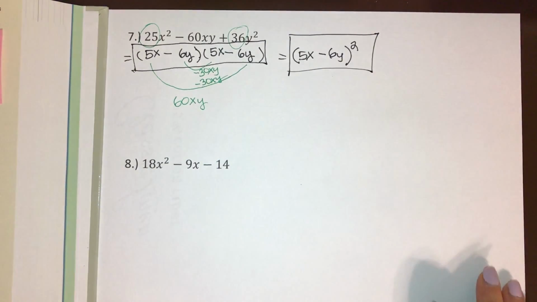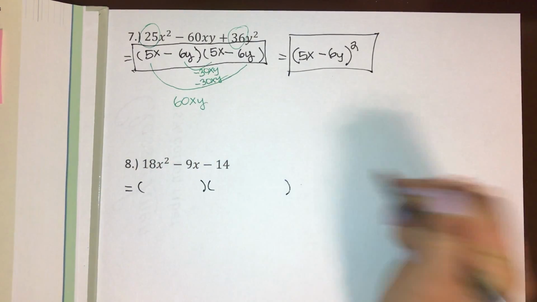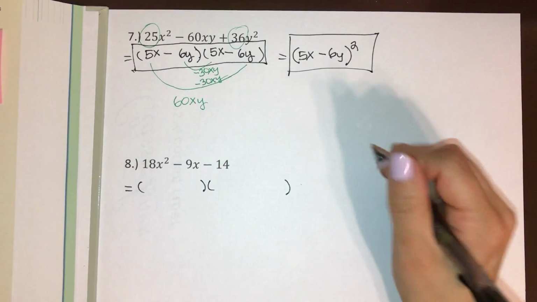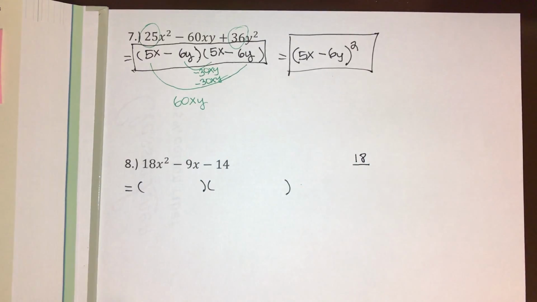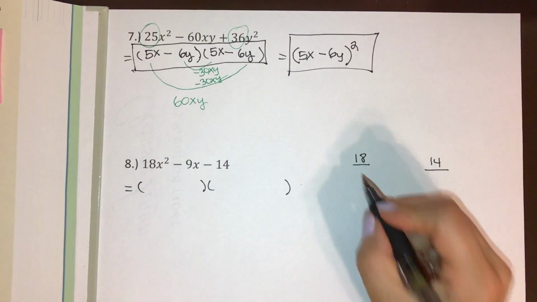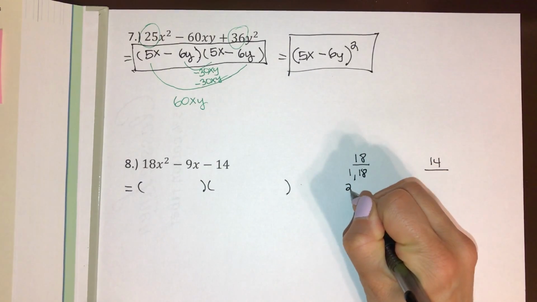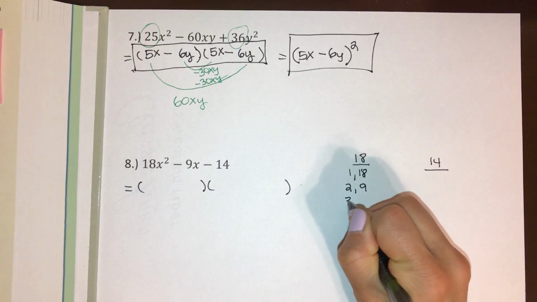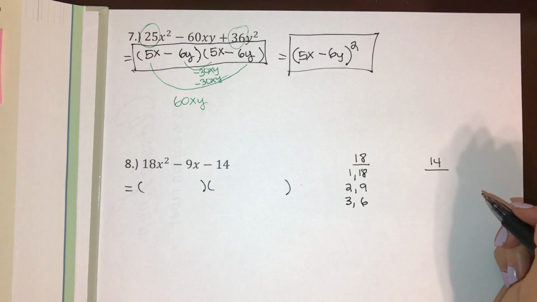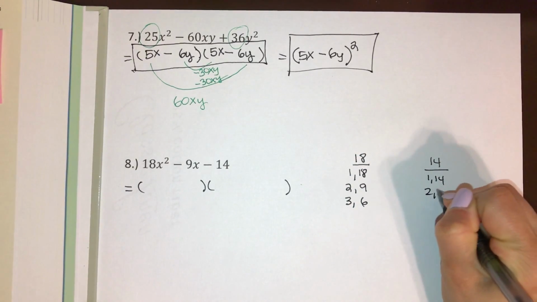There's no GCF in this case, and so again, just 2 parentheses, and I need to look at factors of 18, and I also need to look at factors of 14. So for 18, factors are 1 and 18, 2 and 9, 3 and 6, and then for 14, 1 and 14, 2 and 7.